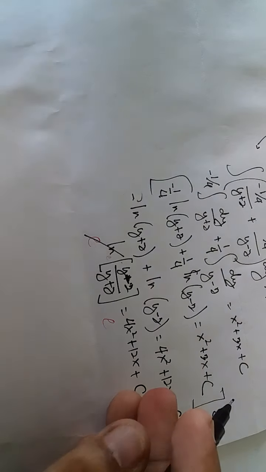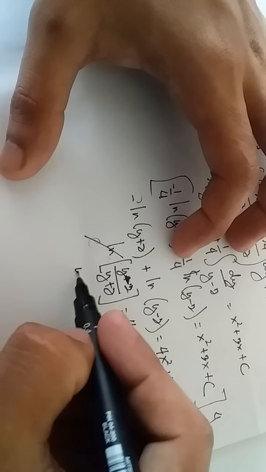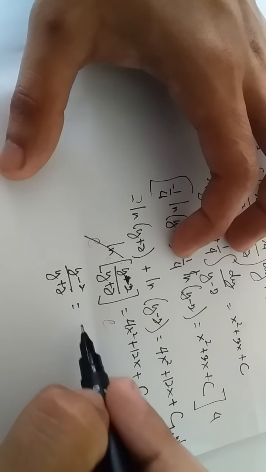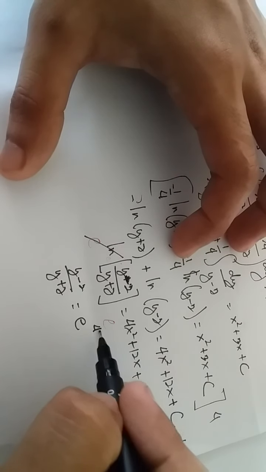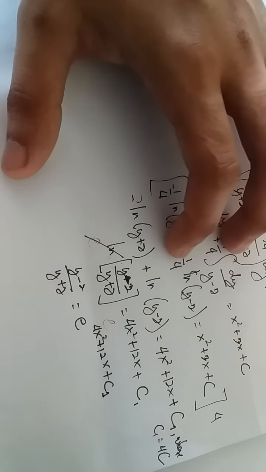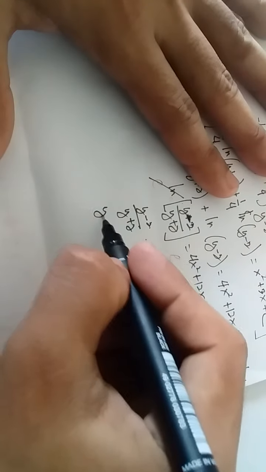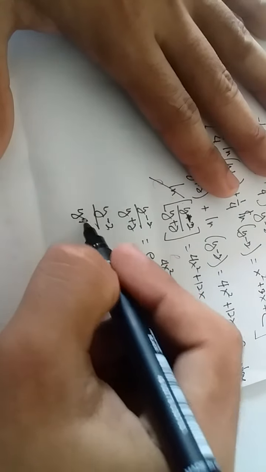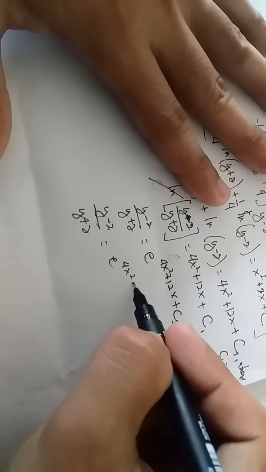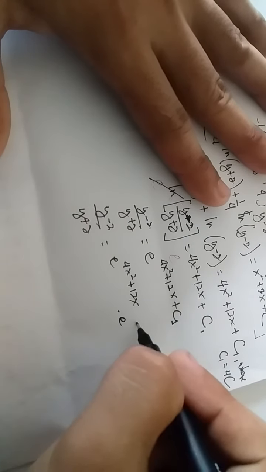So what would remain is y minus 2 all over y plus 2 is equal to e to the power of 4x squared plus 12x plus c sub 1. Next we can write this as e to the power of 4x squared plus 12x times e to the power of c sub 1.